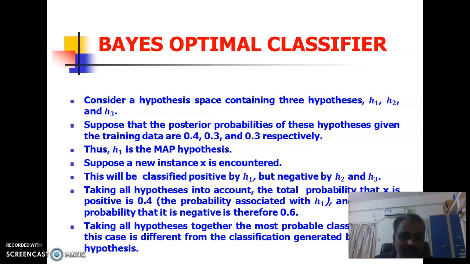And the total probability that it is negative is 0.3 plus 0.3, which is equal to 0.6. So taking all the hypotheses together, the most probable classification in this case is negative, which is different from the classification generated by the MAP hypothesis. The MAP hypothesis generated classification is positive.